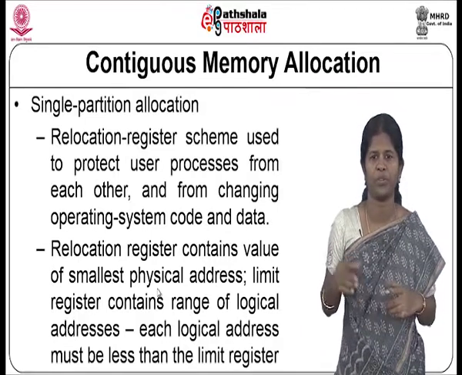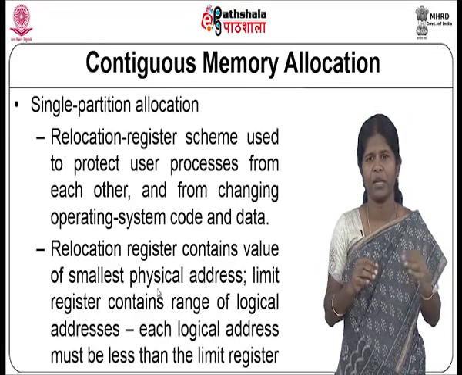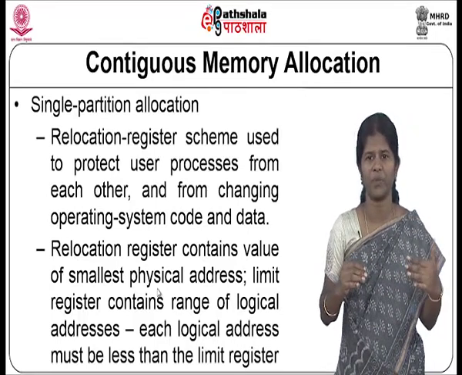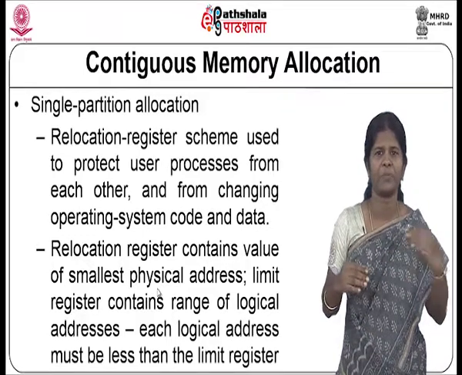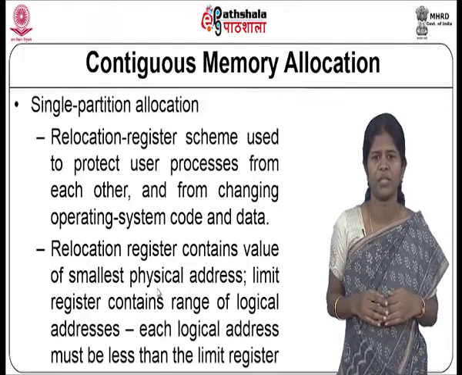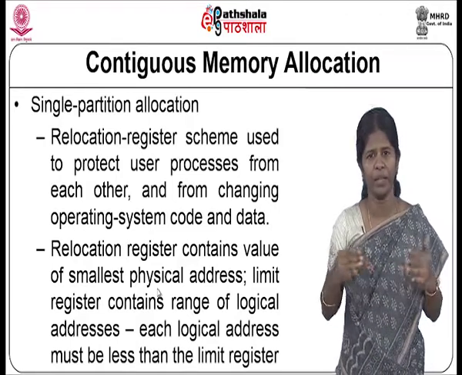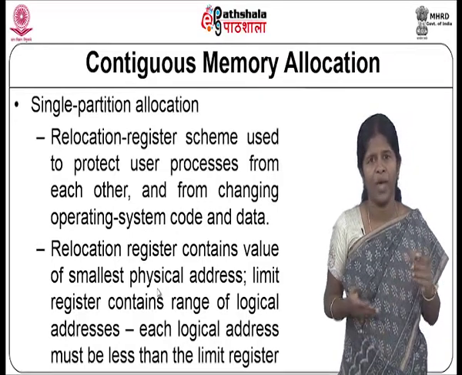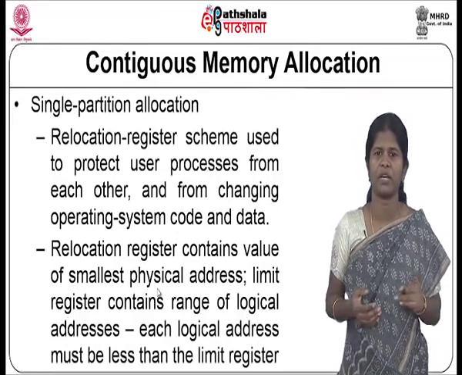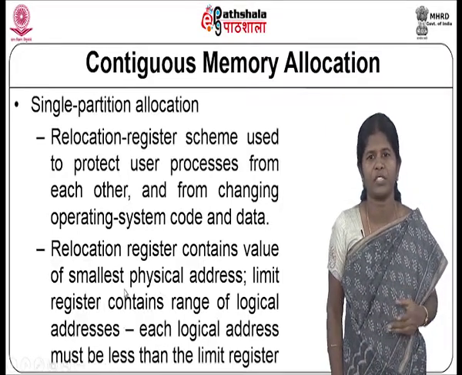You bring in the process, put it into the main memory, and remember the starting address where this process is kept. That starting address is placed in the relocation register, and you also have a limit register which gives the range of addresses for that particular process.